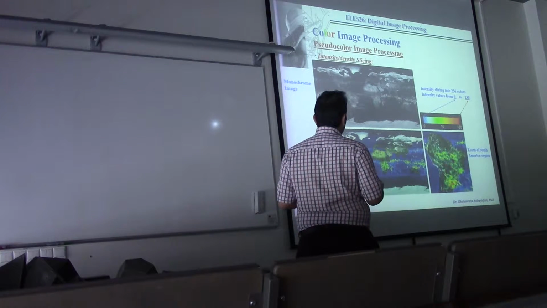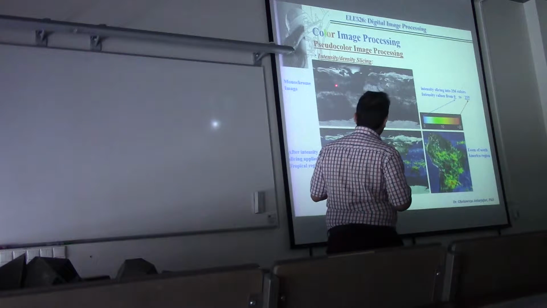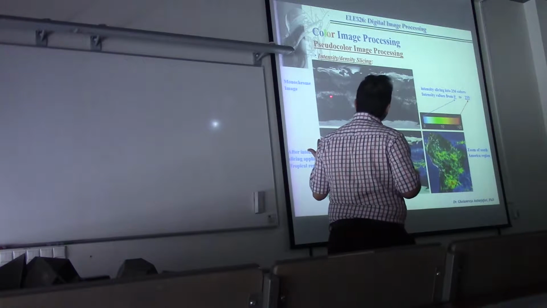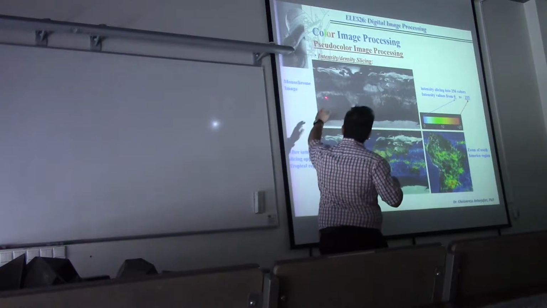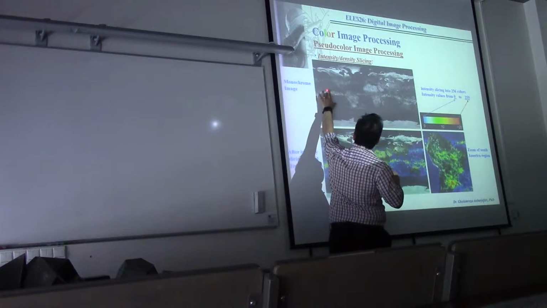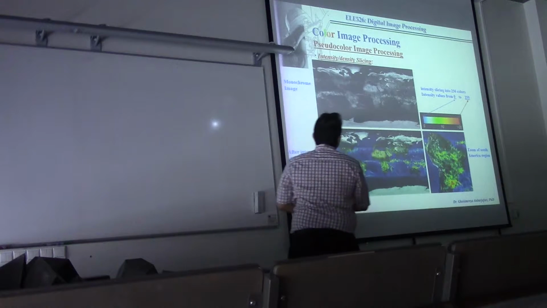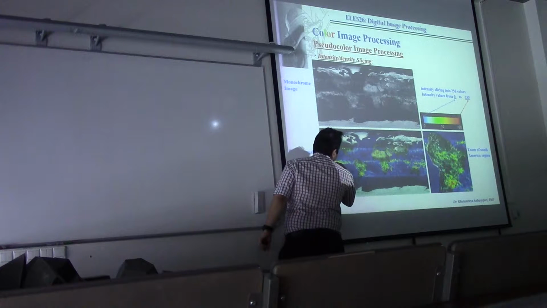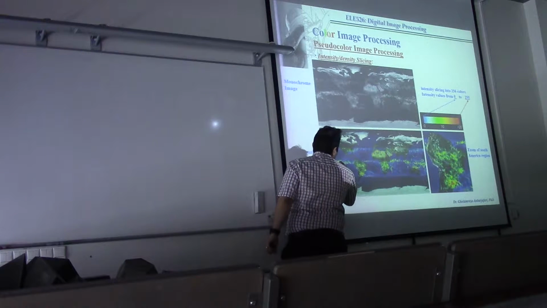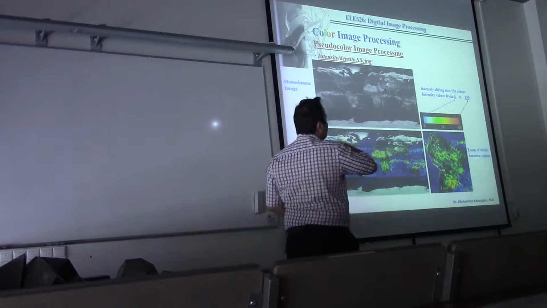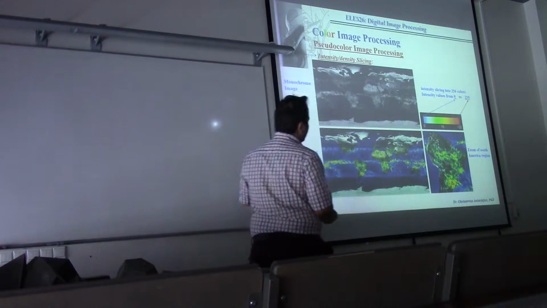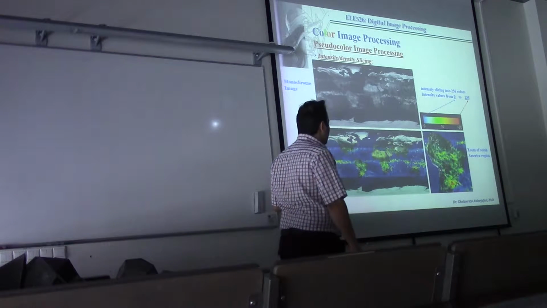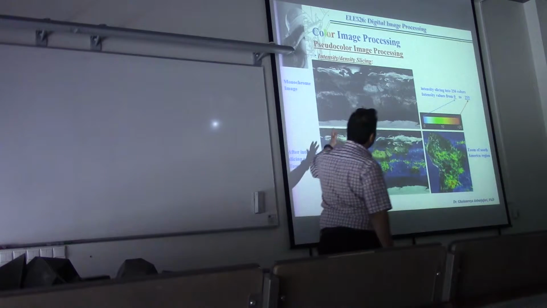For example, in this area we can see there are some differences, but when we assign colors, you can see that we have other colors here. It means that we have different gray levels in the image. We also added 256 colors to this image.